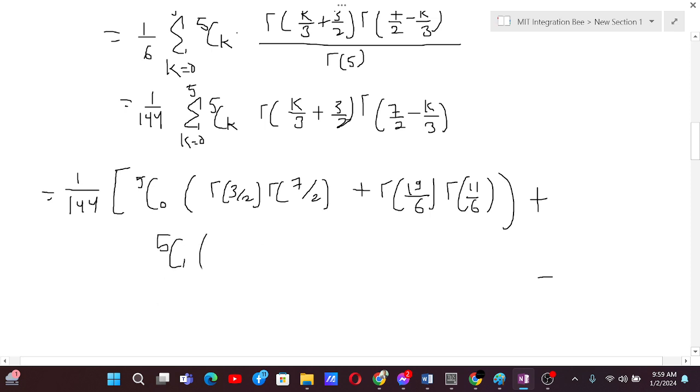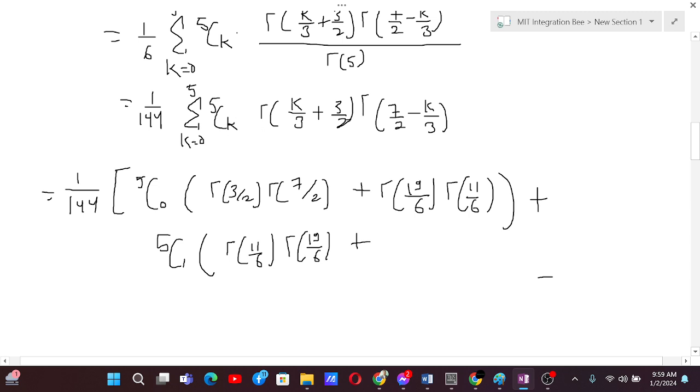When k is 1, that is 2 plus 9, that's 11, so gamma 11 by 6, and over here that's 21 minus 2 is 19, so gamma 19 by 6, plus.